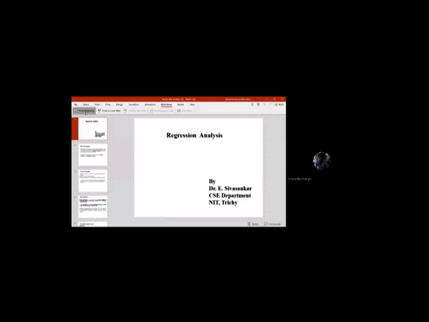Basically, in regression analysis, we try to explain the influence between a set of variables, where we have a dependent variable and independent variables. The outcome variable is often known as the dependent variable, since the outcome depends on other input variables, and the input variables are known as independent variables.